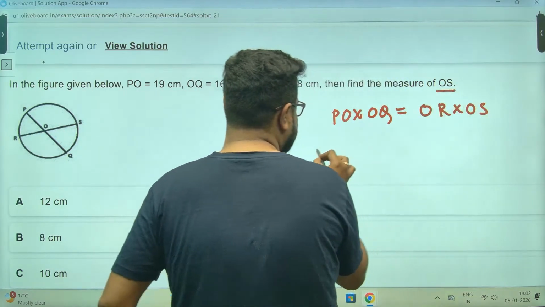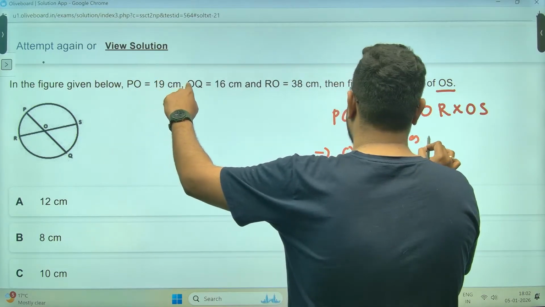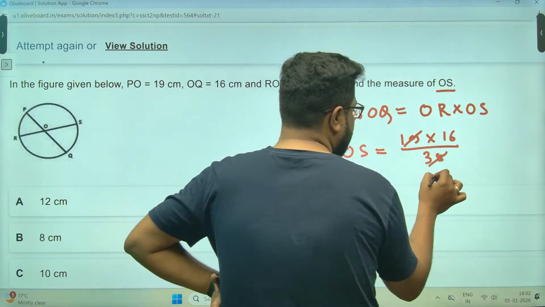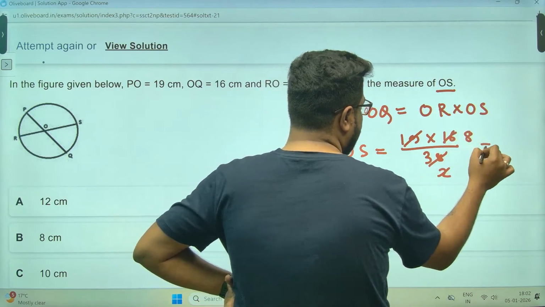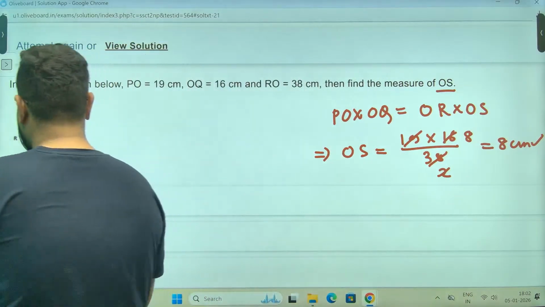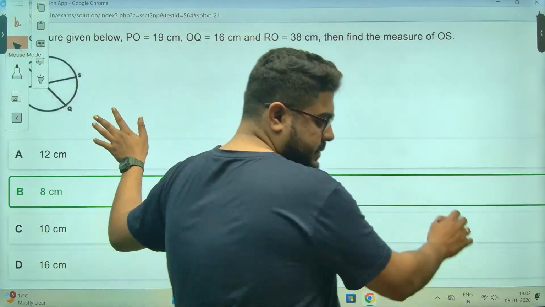They're asking OS. So OS will be, put the values, PO 19, OQ 16 by OR 38. So this is 2, this is 8. 8 centimeters, sir. Option number B, that is most definitely your correct answer.